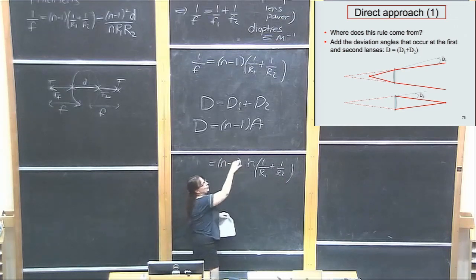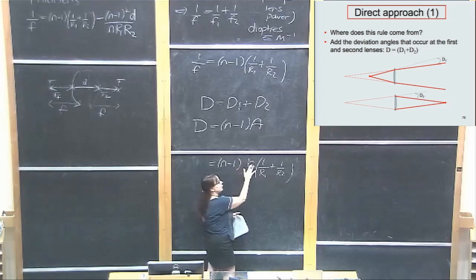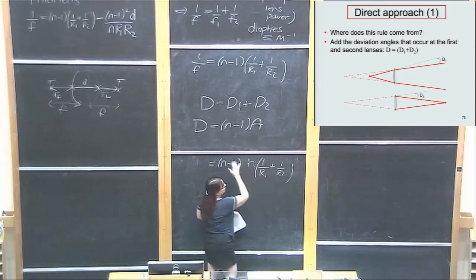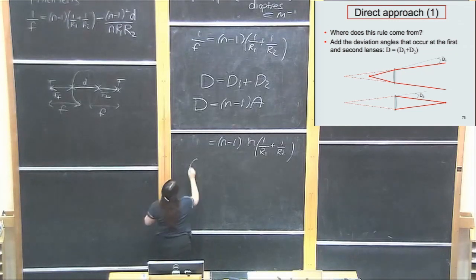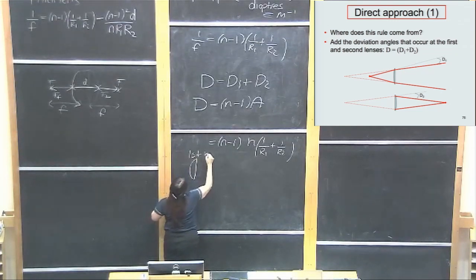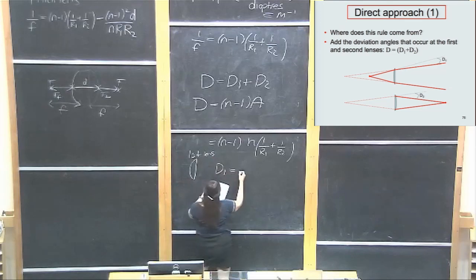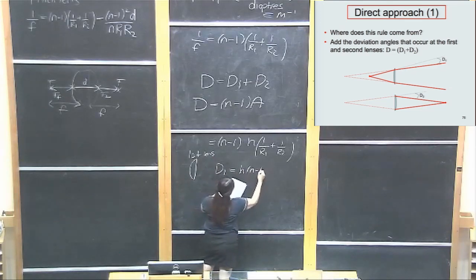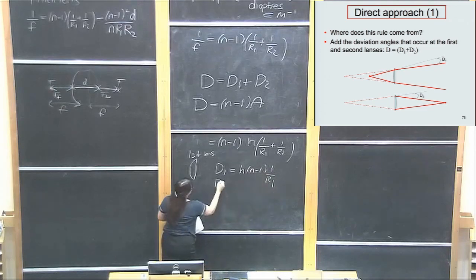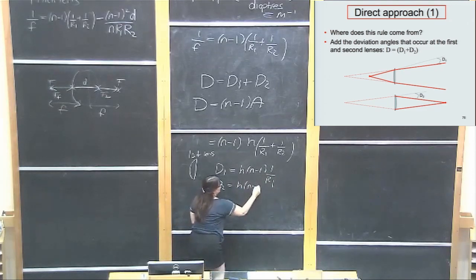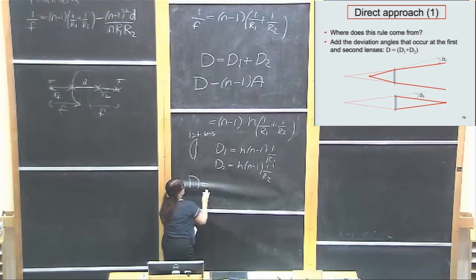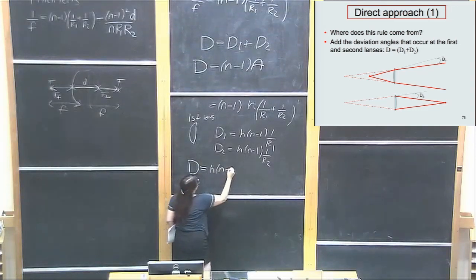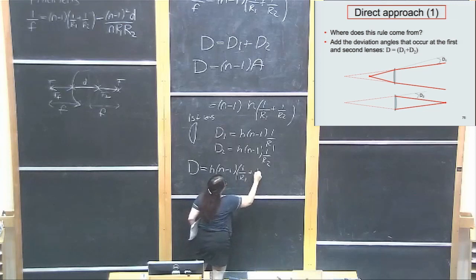Can you remember that when we did the whole derivation, we required that the apex angle be linearly proportional to the height at which the ray strikes over a constant, and that turned out to be the right constant to put there. Okay, so that means that for our first lens, D1 becomes h times n minus 1 over r1, and D2 becomes h times n minus 1 over r2, and so you add them together to get the total deviation angle: h times n minus 1 times 1 over r1 plus 1 over r2.